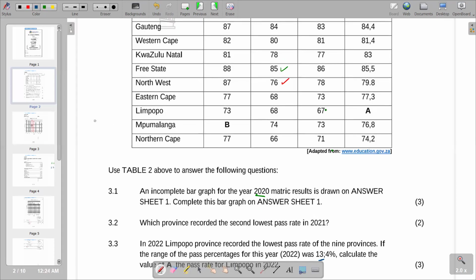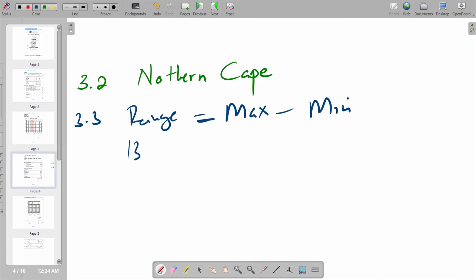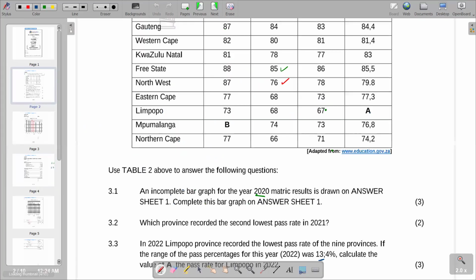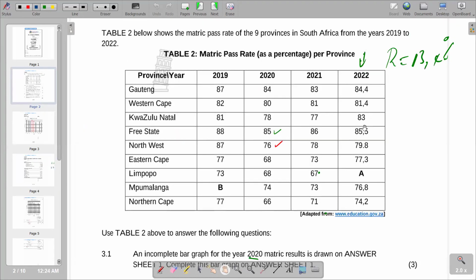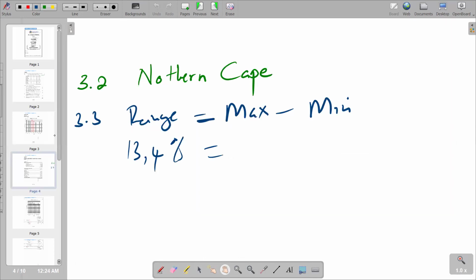So we are saying 13.4 is equals to your maximum. We check the highest figure that we have in that column. We have got 85.5 being the highest, so we are saying 85.5.